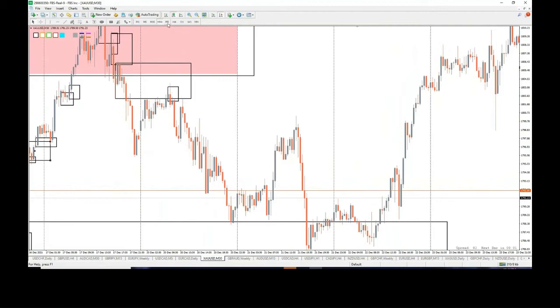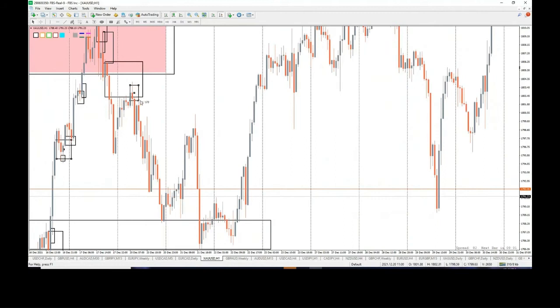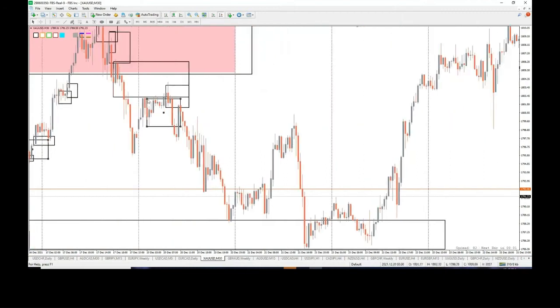And H1 is making one more engulfing, right? This is not an engulfing, but most probably on the lower time frame, M30. There you go.